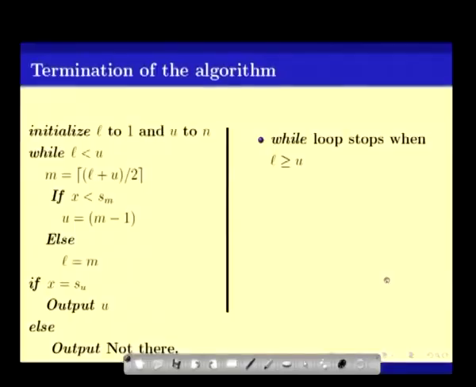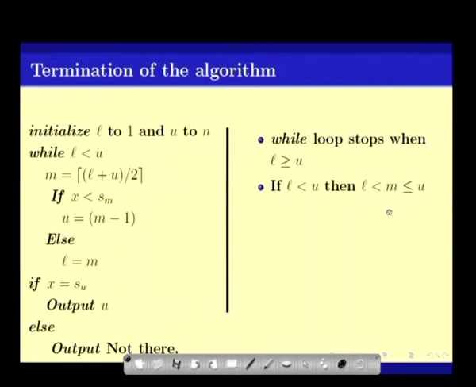It happens when, of course, L becomes greater than or equal to U, and this while loop stops. If L is strictly less than U, then one thing to note is that the way m is chosen, L is strictly less than m, which is less than or equal to U. Thus, at any point of time, either L becomes m, so we make progress and L goes up by 1, or U becomes m minus 1, so U comes down by 1.